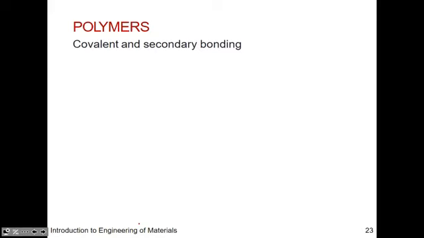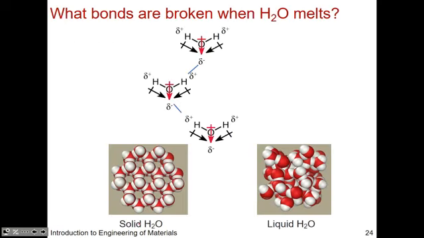Polymers more specifically have covalent and secondary bonding. So we'll talk about secondary bonding in this context. When water melts, the first bond that gets broken is the secondary bond, right? Because that's lower in energy. So what specifically is that secondary bond?